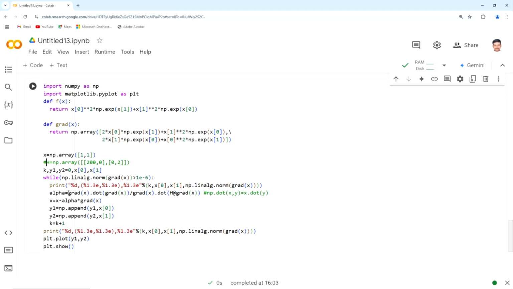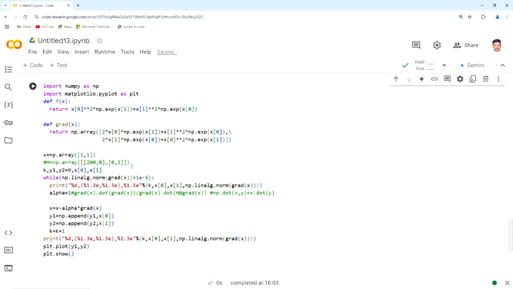The value of alpha needs to change. How should it change? I will just start with 1 and we will use the backtracking line search algorithm straight away.